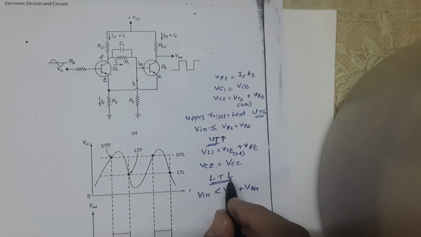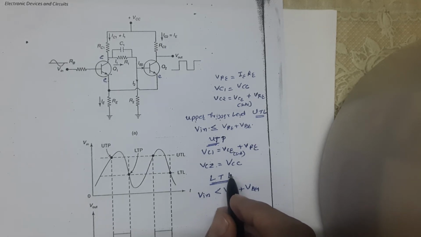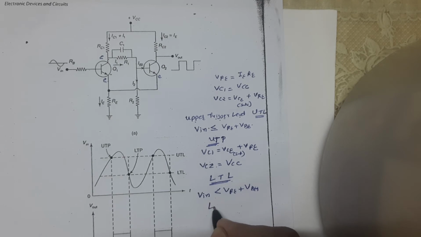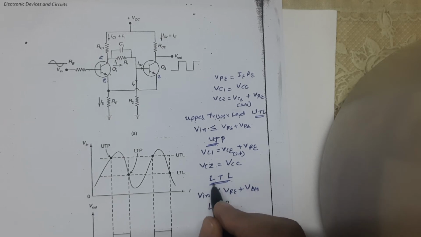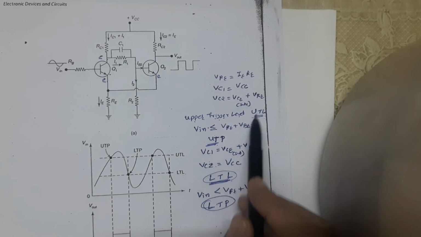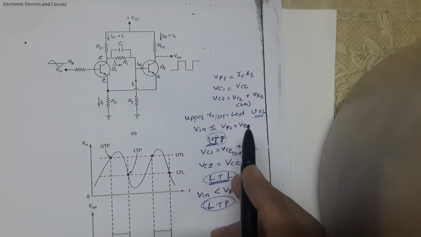Hence, its collector voltage starts rising towards Vcc. This forward biases Q2 and it starts conducting. The point at which Q2 starts conducting is called the lower trigger point. Same way, lower trigger level, lower trigger point; here, upper trigger level, upper trigger point.